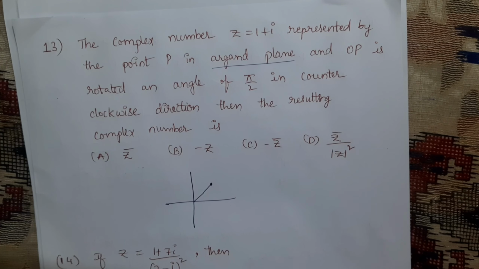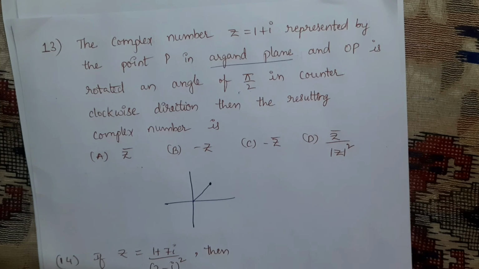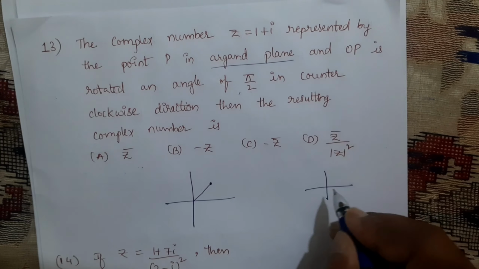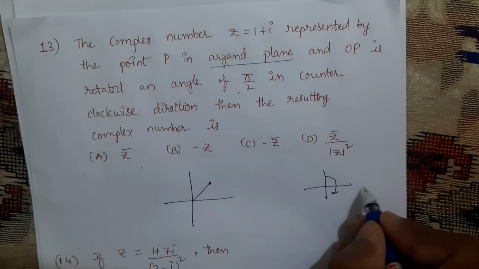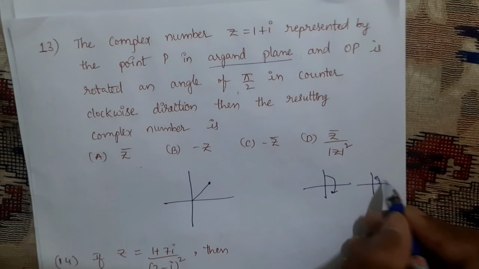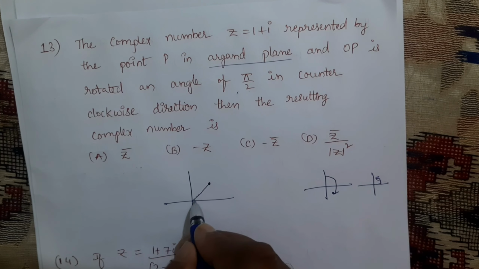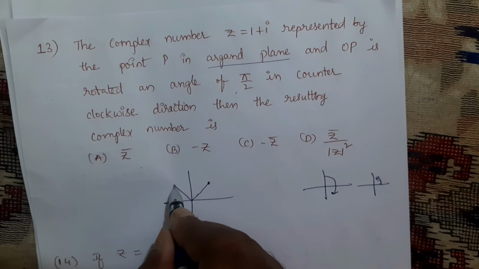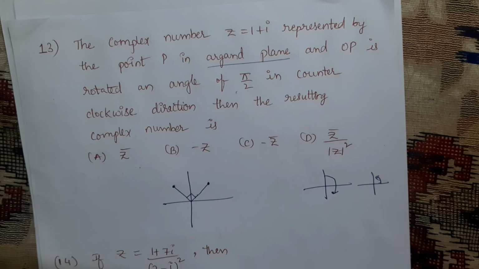Now what have they done? They have rotated by an angle of pi by 2 in counterclockwise direction. We know that clockwise means this direction, counterclockwise means this direction, nothing but anticlockwise. If they are moving pi by 2 angle, nothing but 90 degrees from here, it will be converted into this. So this is 90 degrees angle.